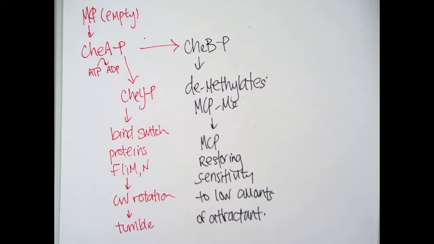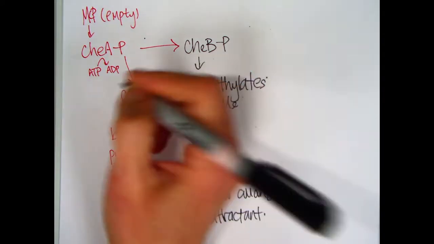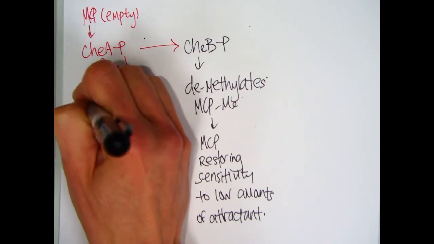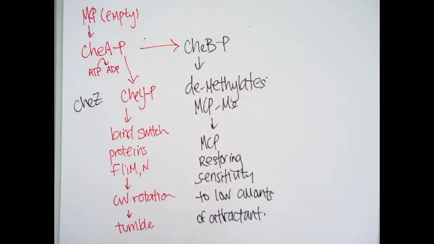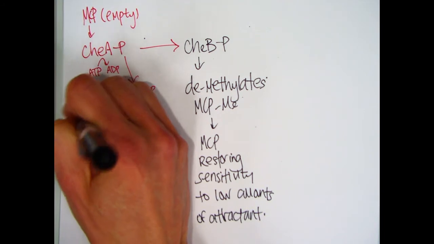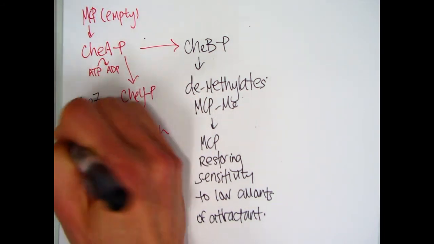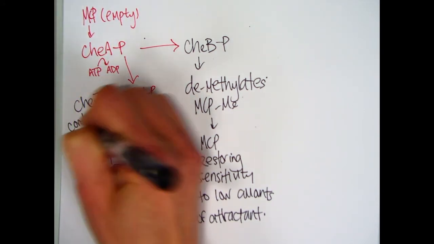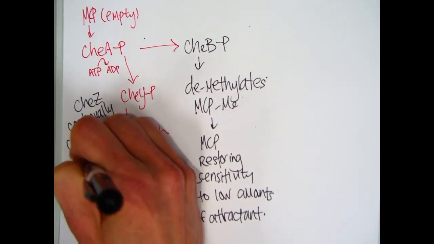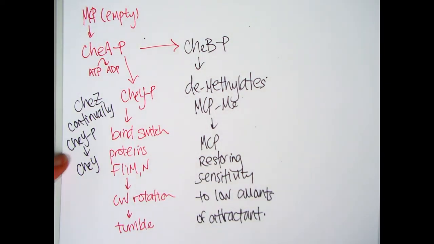One thing that I just forgot to tell you is that we also have CheZ present, and its job is to continually remove the phosphate group from CheY, turning phosphorylated CheY into unphosphorylated CheY. The job of CheZ is to prevent the cell from being in a permanent tumble, because a permanent tumble makes it hard to get anywhere, and the cell is unlikely to move toward food.